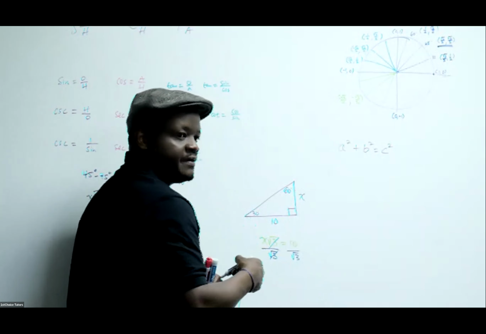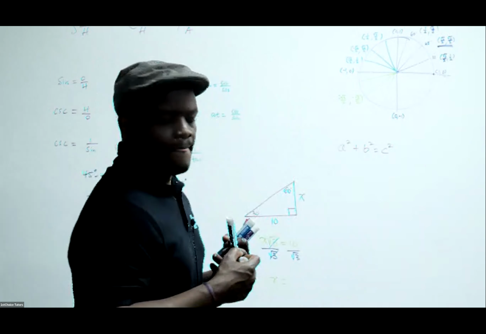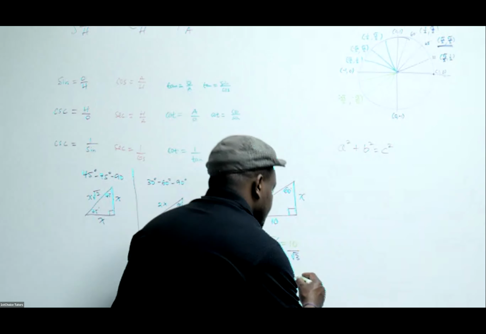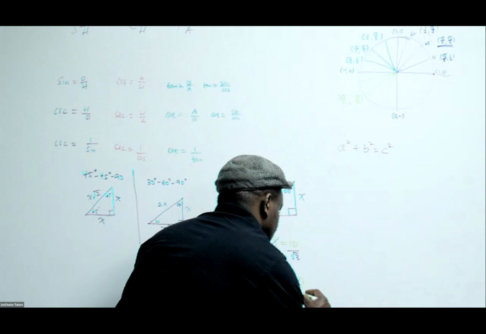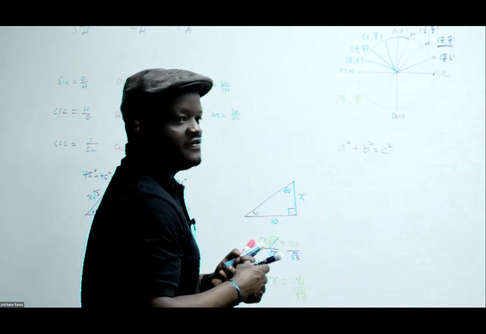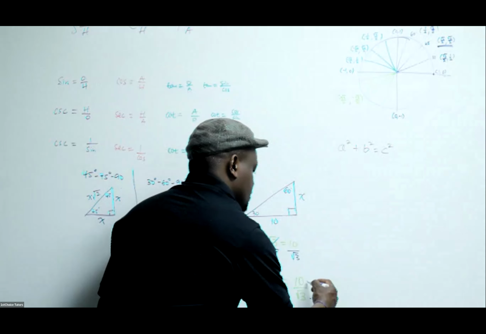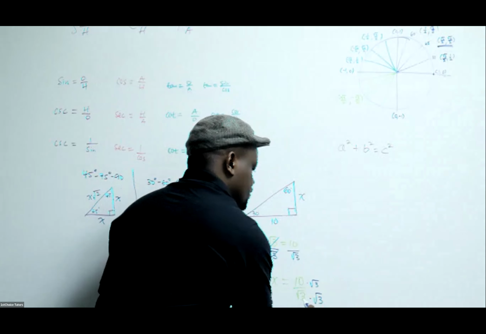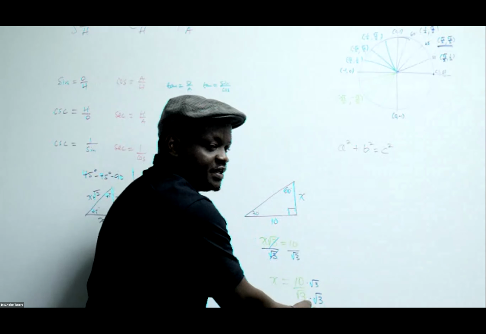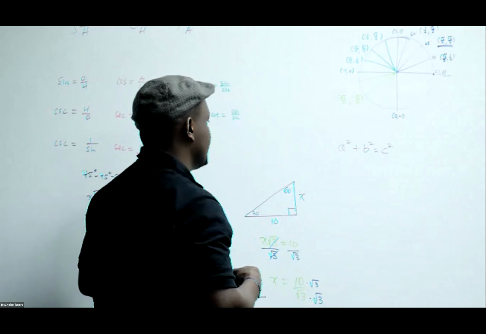So we end up having x equals 10 over root 3, but we have a little bit of a problem here. We can't have a radical in the denominator. How are we fixing this? Times it by the radical that you want to get rid of. That's called rationalizing the denominator. That's a fancy name for it.